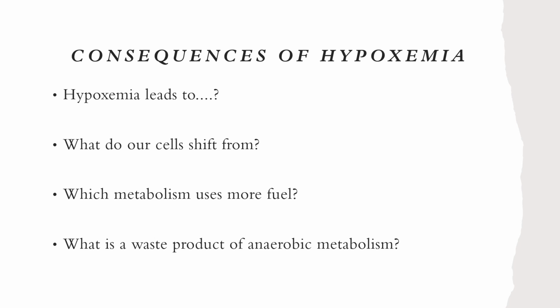Which metabolism uses more fuel? That would be anaerobic for sure. Anaerobic uses more fuel, but unfortunately it produces less energy and it's less efficient. So we're switching to a metabolism that's going to take up more energy from our body, but it's going to give us less. Okay. And what is the waste product of anaerobic metabolism?